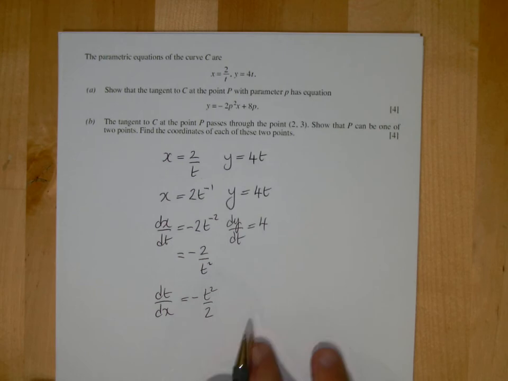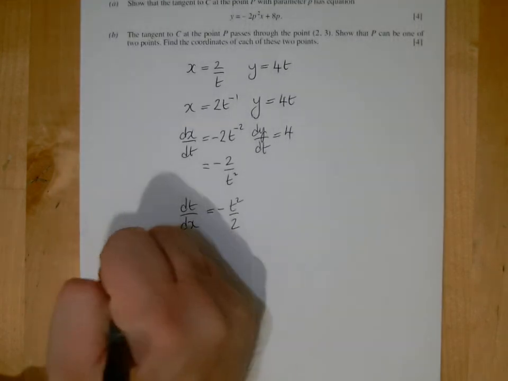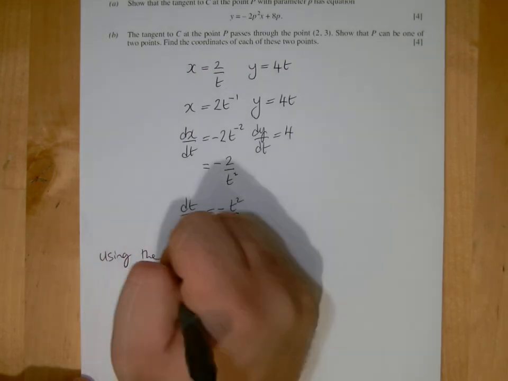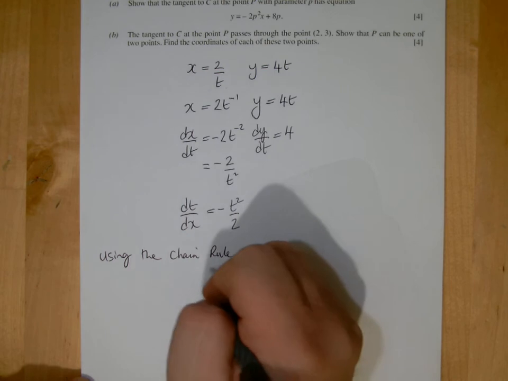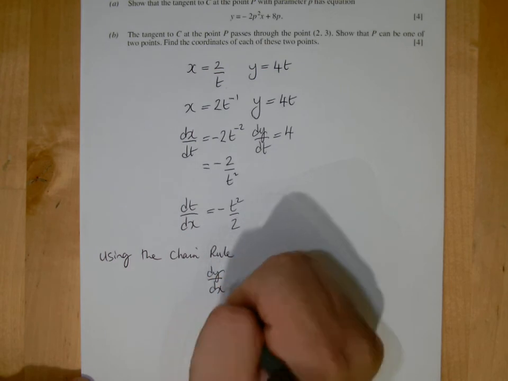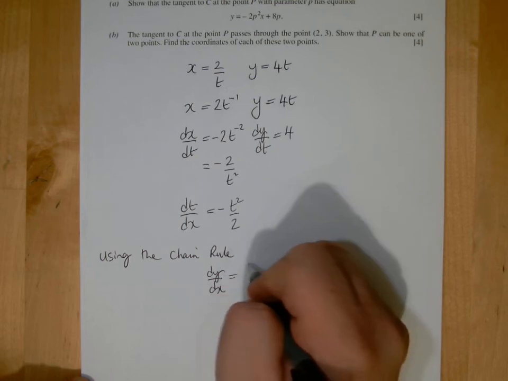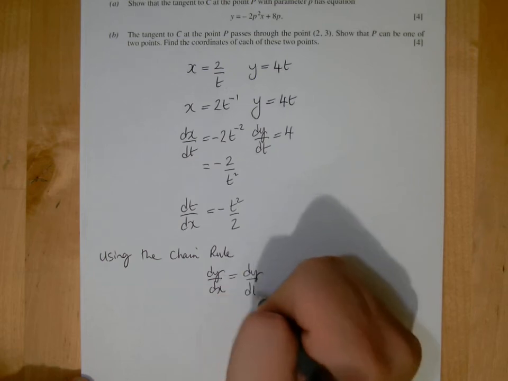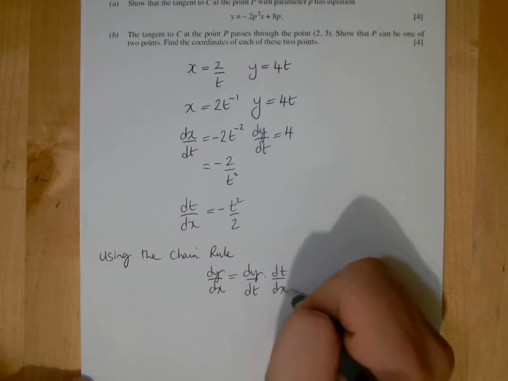Okay, right, so let's then use the chain rule. So using the chain rule to get what I want, dy by dx, well, dy is on top, so dy by dt, dx is on bottom, so times dt by dx.